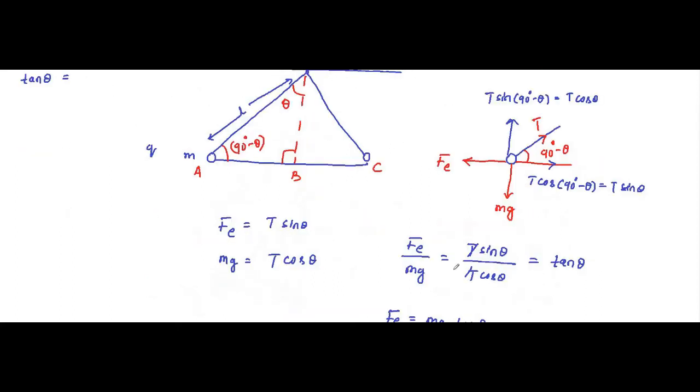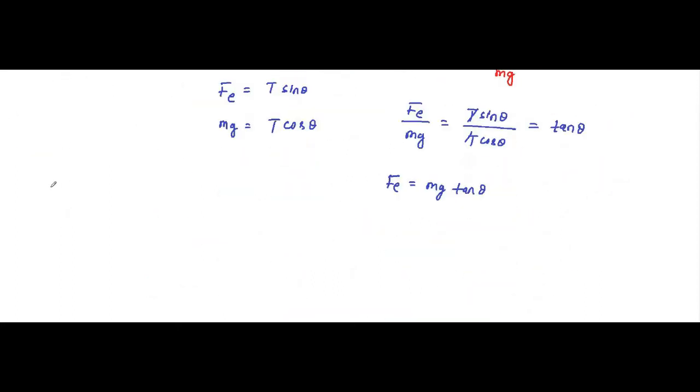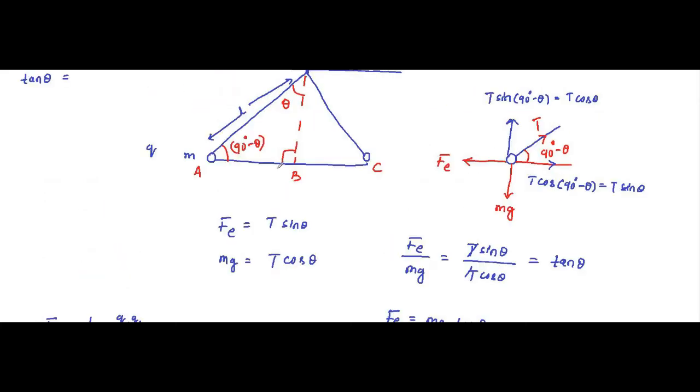Now we know that the electric force between two charges is given by 1 by 4 pi epsilon 0 q1 q2 by r square, where r is the distance of separation. Here the distance of separation is AC, between the two charges placed at A and C. AC is twice of AB.